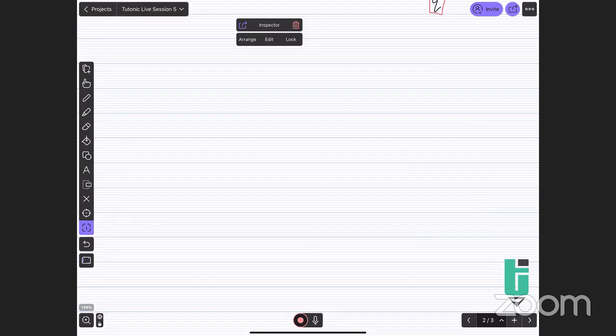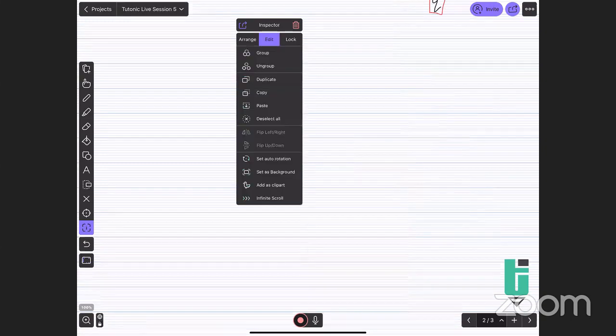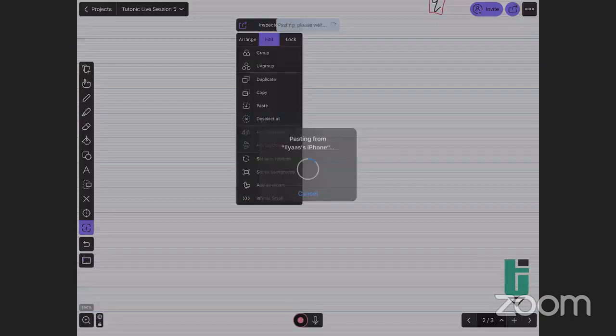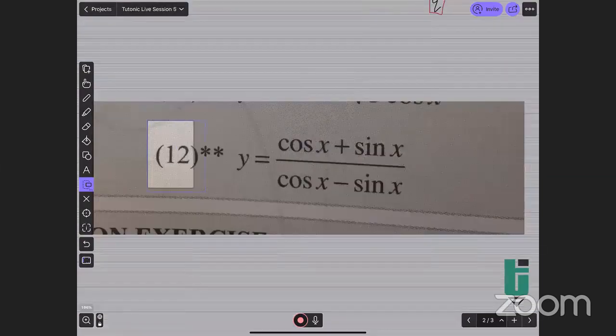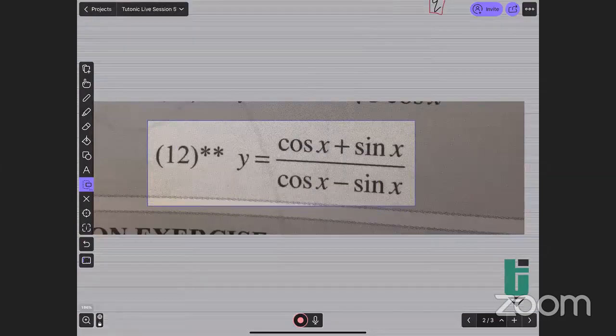Nafisa, this question that you asked, what is the question asking you to do? They asked you to sketch the graph. Yep, that's why I was like, what do I do? Which book is it from? It's from our school book.